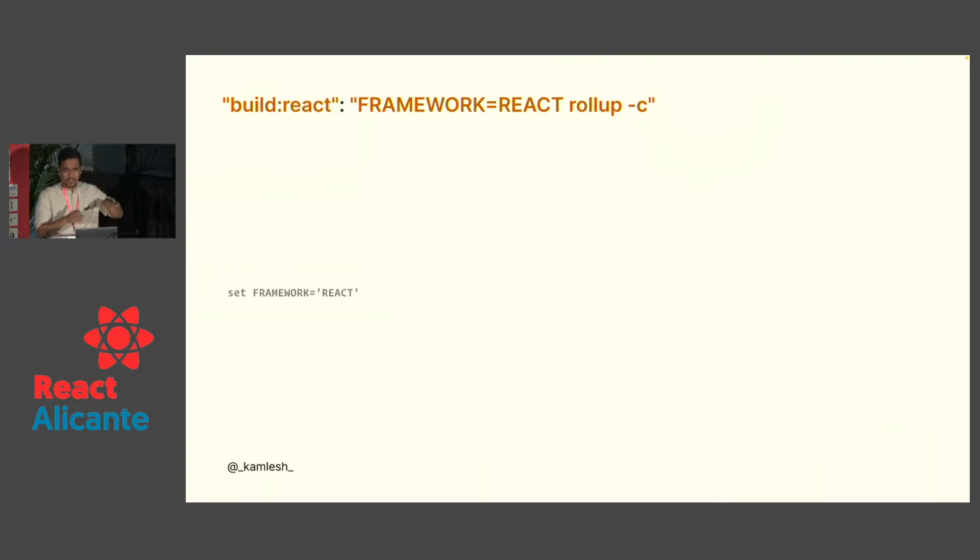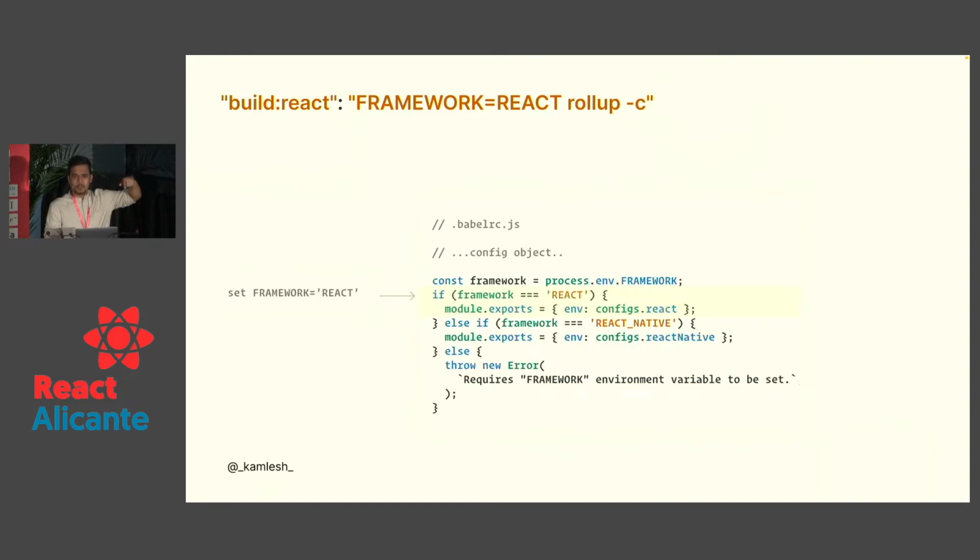So when we run build, the first script, let's say when build React runs, it will set the framework environment variable's value to React. That will go on to Babel config. If you remember, we just wrote this config. Over there, it will read the framework variable and identify, okay, it's React. It will export configs.react.